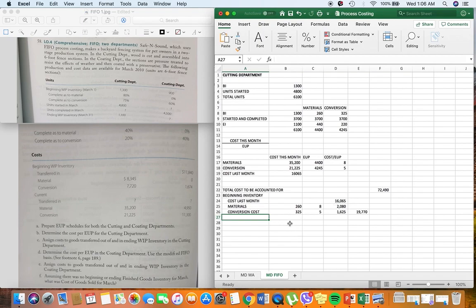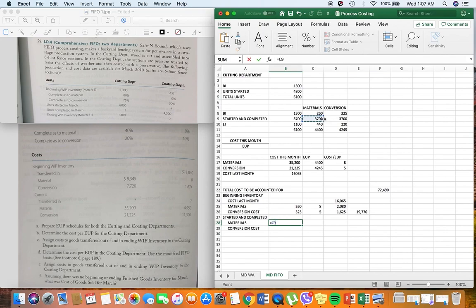Next, we have the unit started and completed. Okay? So, lalagyan yan. Started and completed. So, for the unit started and completed, of course, wala siyang cost last month. Siyempre, these units were just started and also completed this month. So, we start with materials immediately, no?